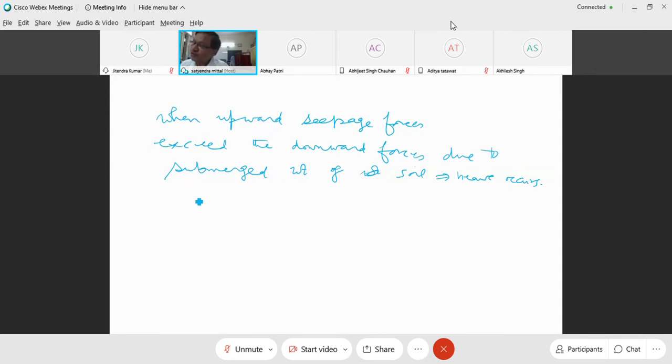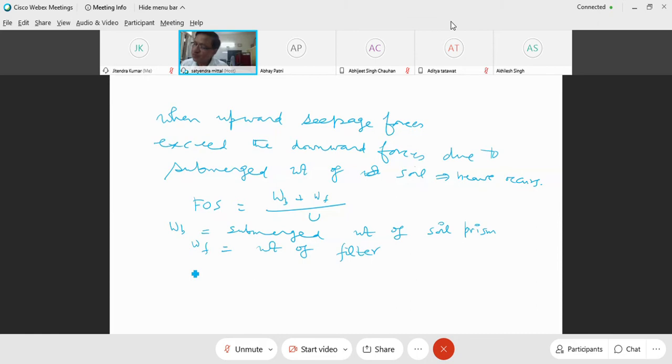So the factor of safety is defined as WB plus WF upon U. WB is the submerged weight of soil prism, WF is the weight of filter, and U is equal to the total seepage force.